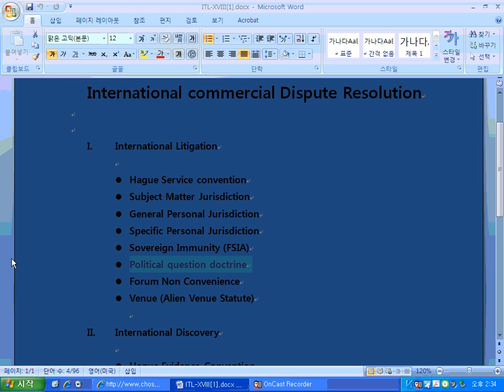So it is one way to look into justiciability, whether the dispute may be properly termed a case of controversy.